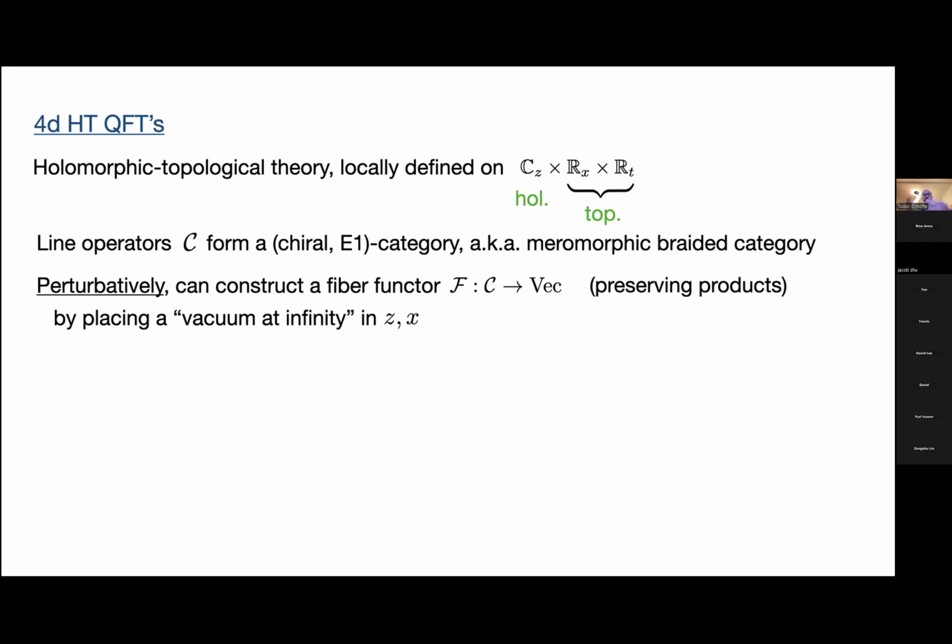At least some objects should have duals. And there are coherences that tell you how this re-expansion or OPE in the holomorphic direction commutes with whatever you're doing in the topological direction. That's roughly the idea.